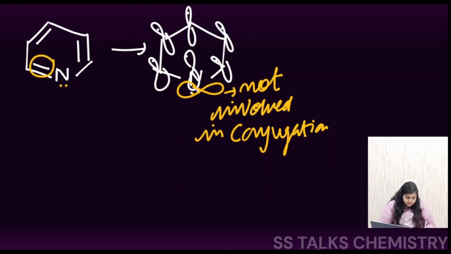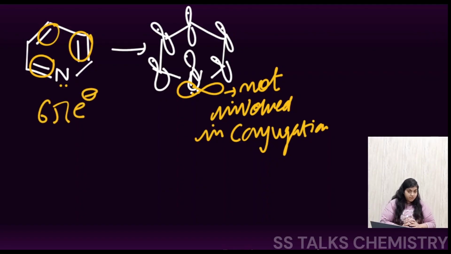Overall we have these three pi bonds, so 6 pi electrons are present which are involved in the conjugation, because this nitrogen lone pair is localized over the nitrogen center only. It is in the pure py orbital, which is perpendicular, so it cannot go into the conjugation, right?